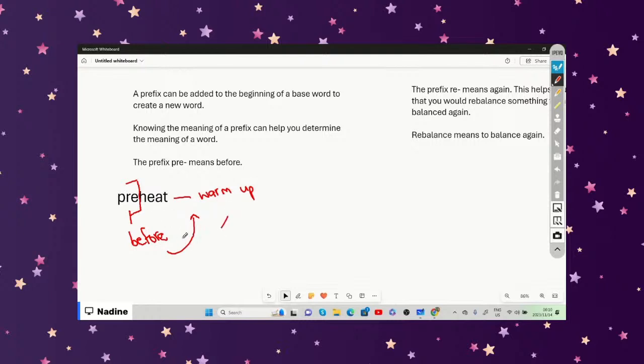First warm up or switch on your oven before you put in the tray of cake or muffins. So that is before.